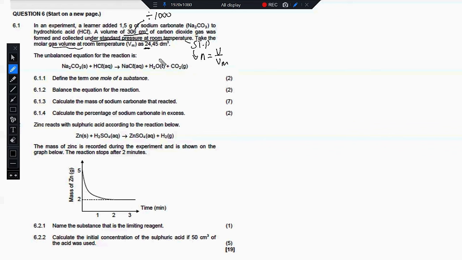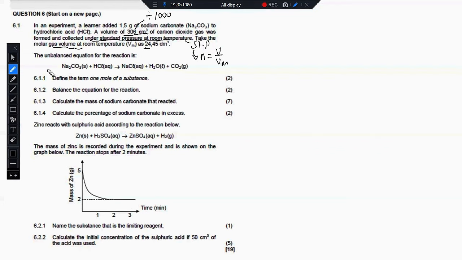Note that we do have the Vm constant from your data table, which is 22.4. But I stated that if you are given the molar gas volume in the question, then you should refrain from using the 22.4 and instead use the one that is given. So if you are given Vm as 24.45, we are going to use 24.45 instead of the 22.4 that we know.